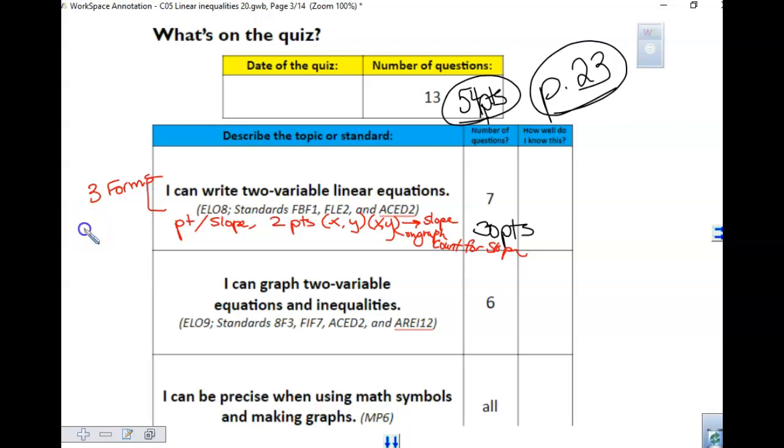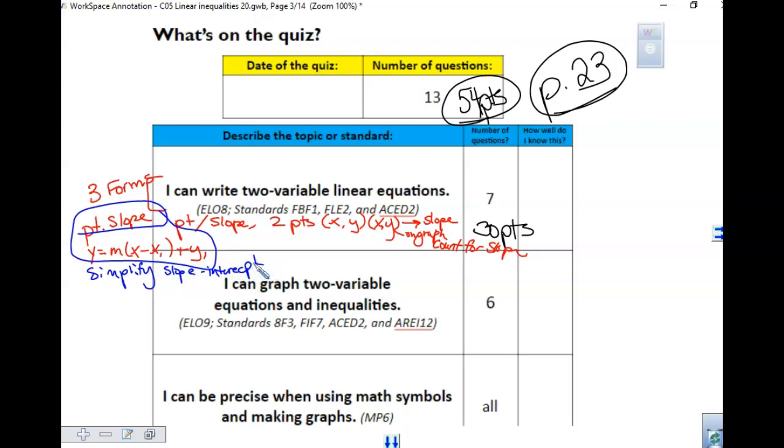So the easiest is your point slope. Point slope is y equals m times x minus x1 plus y1. Usually when we say simplified form of a graph, we mean slope intercept.